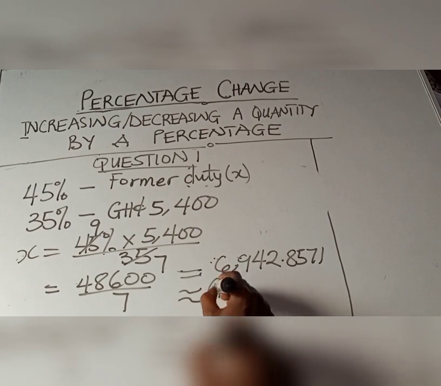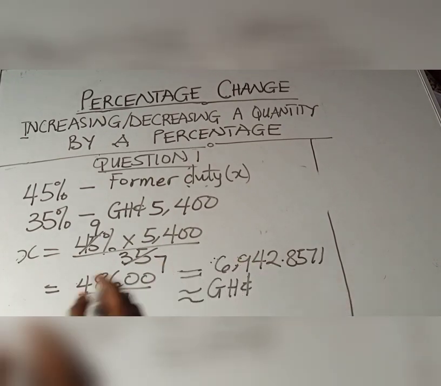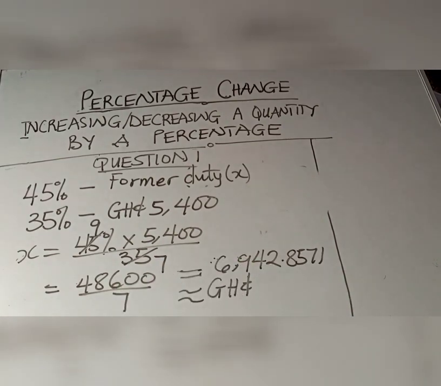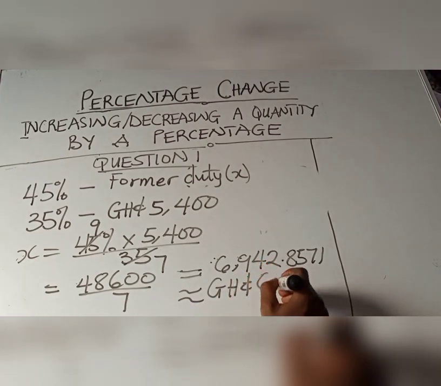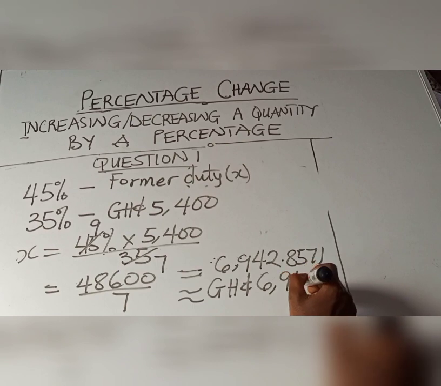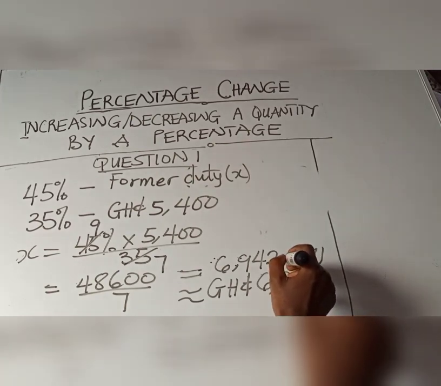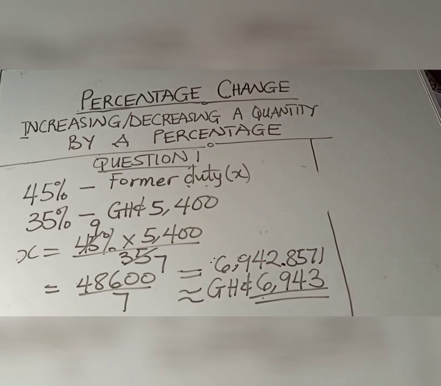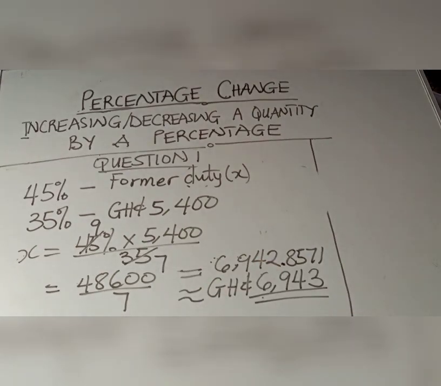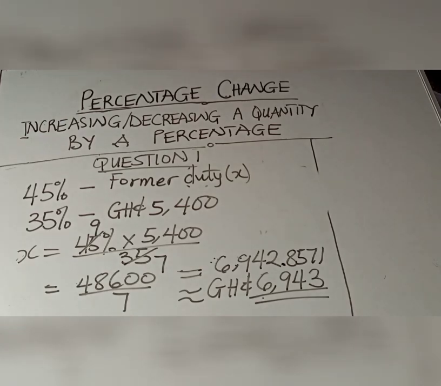So we can say that the former duty that the person paid on the car was 6,943 Ghana cedis. Very well, as you see on the screen. Great. I trust you understand this first question.